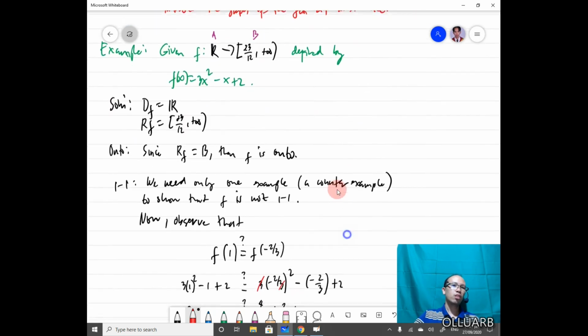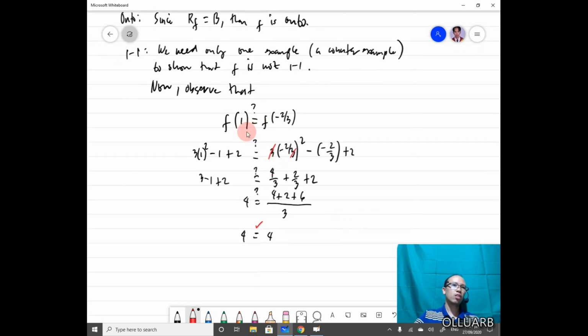However, if you look at this scenario, the assumption is true for these particular numbers, 1 and negative 2/3.